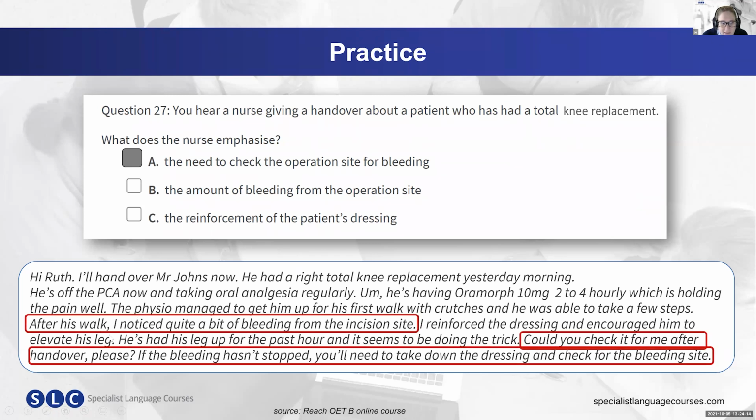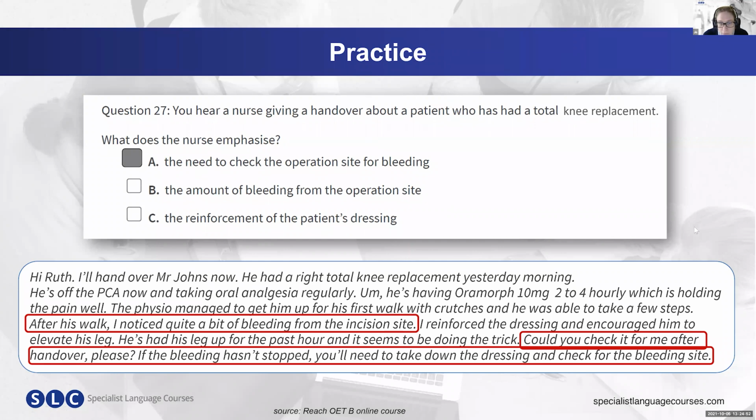Obviously they just said, I noticed a bit of bleeding, done, but not emphasizing the need to do anything with this. It's, I've done this. Could you check it for me after handover, please? If the bleeding hasn't stopped, you'll need to take down the dressing and check for the bleeding site. So by asking the nurse to do something here, she's emphasizing the need to check it. There's no emphasis with the noticing of the bleeding.